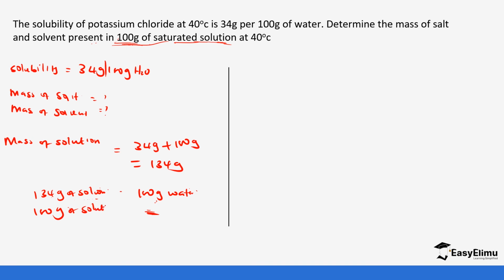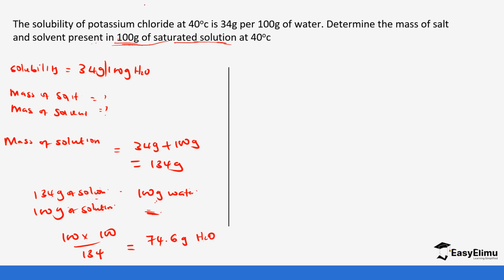So it's 100 times 100 divided by 134. This will give us 74.6 grams. And whatever we found is the grams of water.